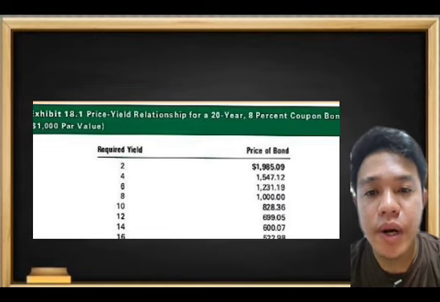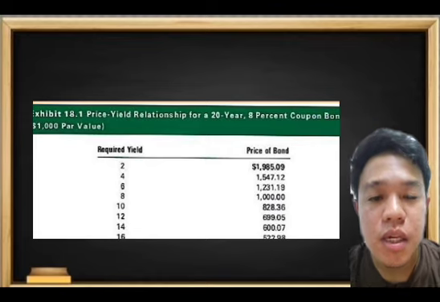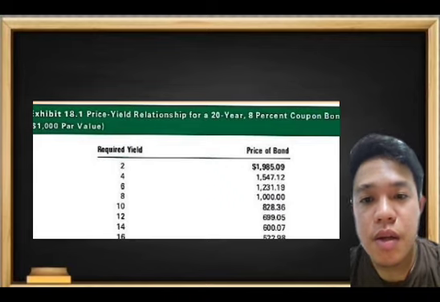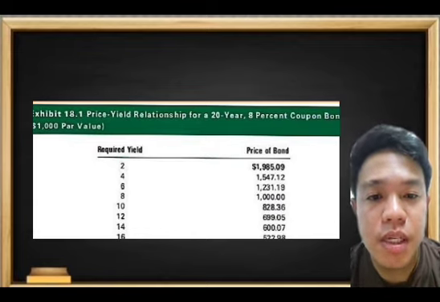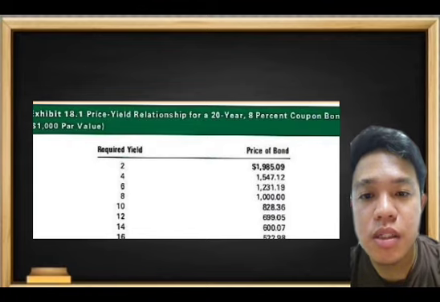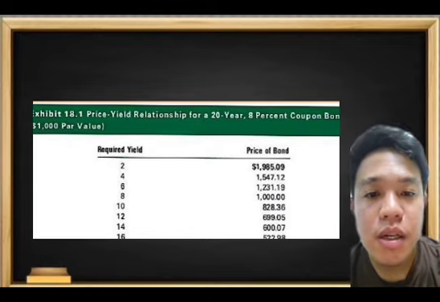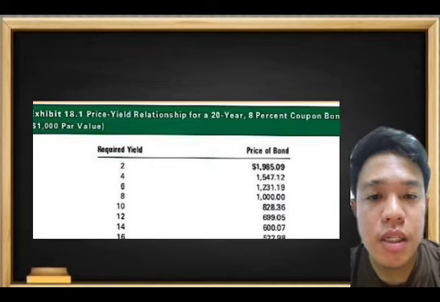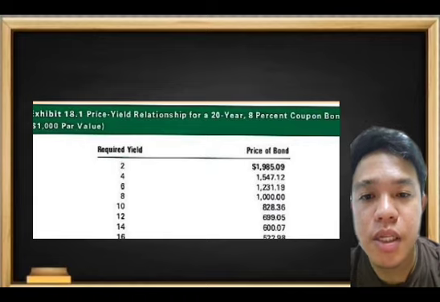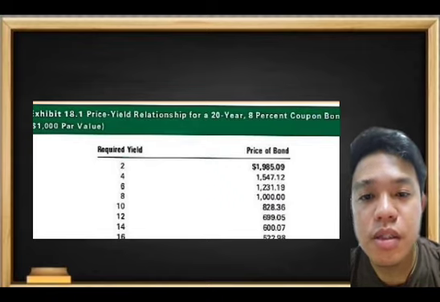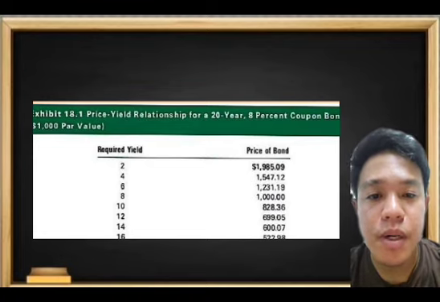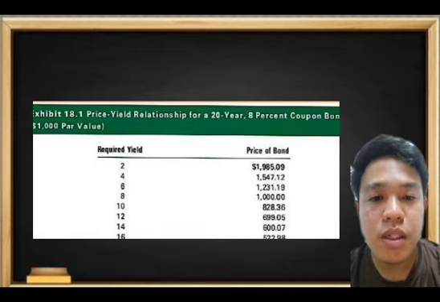At the first required yield, the price of the bond is US$1,985.09. The second required yield is 4%, with a bond price of 1,547.12. The third required yield is 6%, with a bond price of 1,231.19. Then required yield of 8%, the price of the bond is 1,000, and then required yield of 10%, the price of the bond is 828.36.